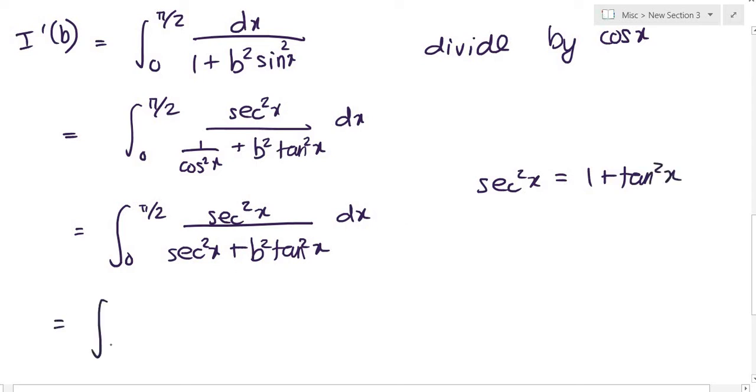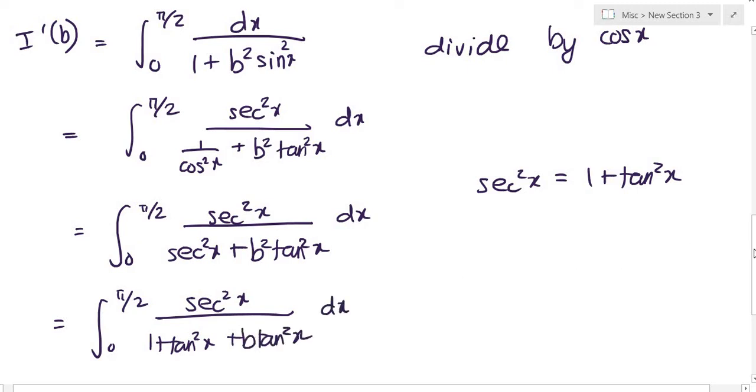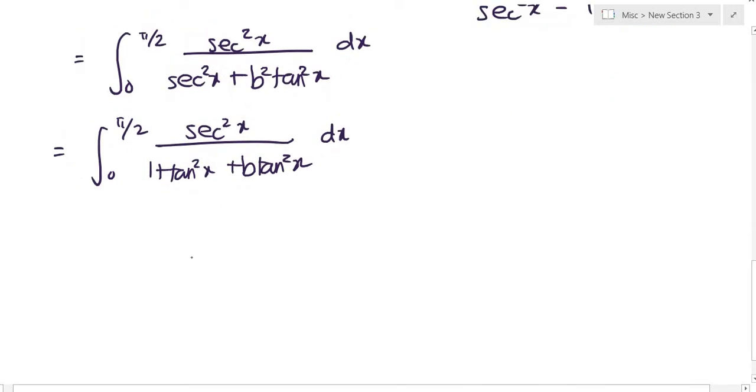So I want to go ahead and do that. So we have the integral from 0 to pi over 2 of secant squared x divided by 1 plus tan squared x plus b squared times tan squared x, integrated with respect to x.